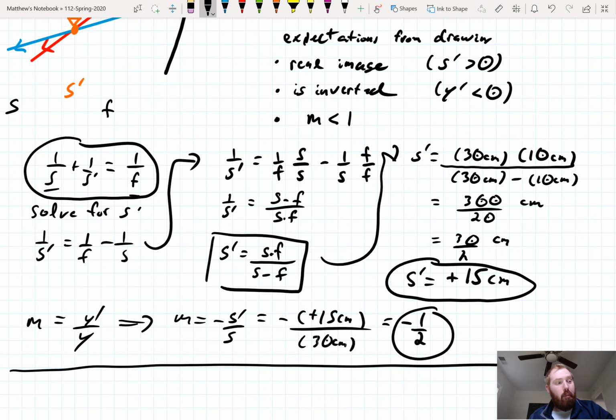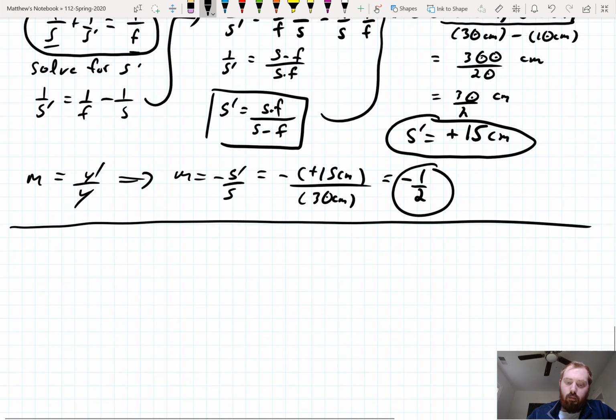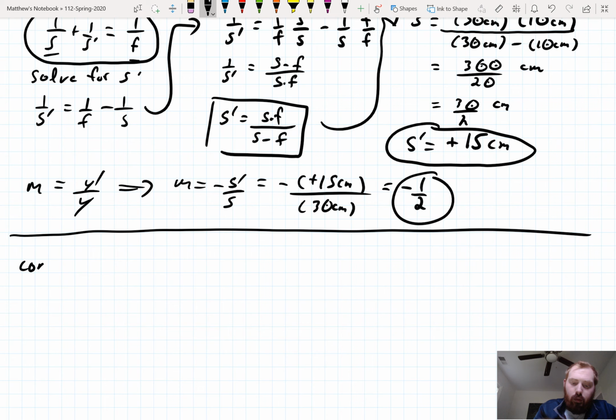All right. Let's try another problem. Same mirror. We'll have our same convex mirror. F is 10 centimeters. And we're going to move where the object is. We're going to say S is 5 centimeters.